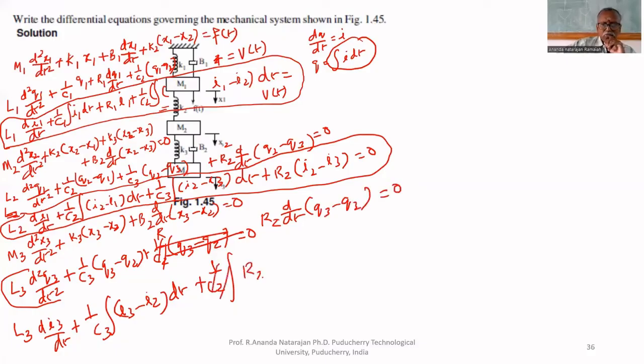That is equal to R2 multiplied by I3 minus I2 equal to 0.